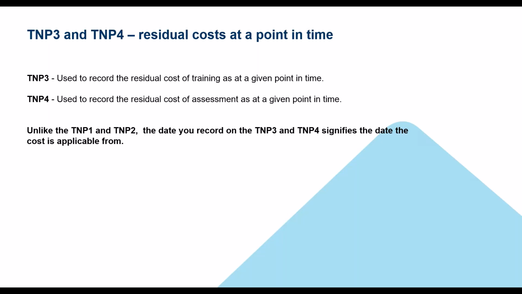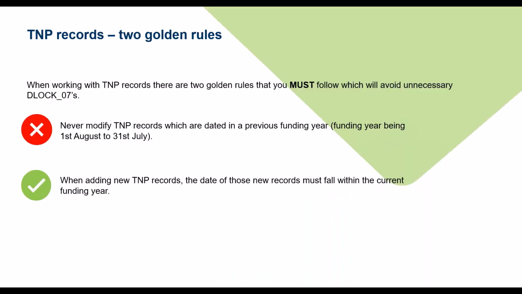So one occasion where you would normally use a TNP3 and TNP4 is where there's been a change of employer and you need to record what the remaining cost is that's been agreed between yourself as the provider and that new employer. This isn't the only time that you'd need to use a TNP3 and TNP4, and we'll have a look a little later on at when that might be.